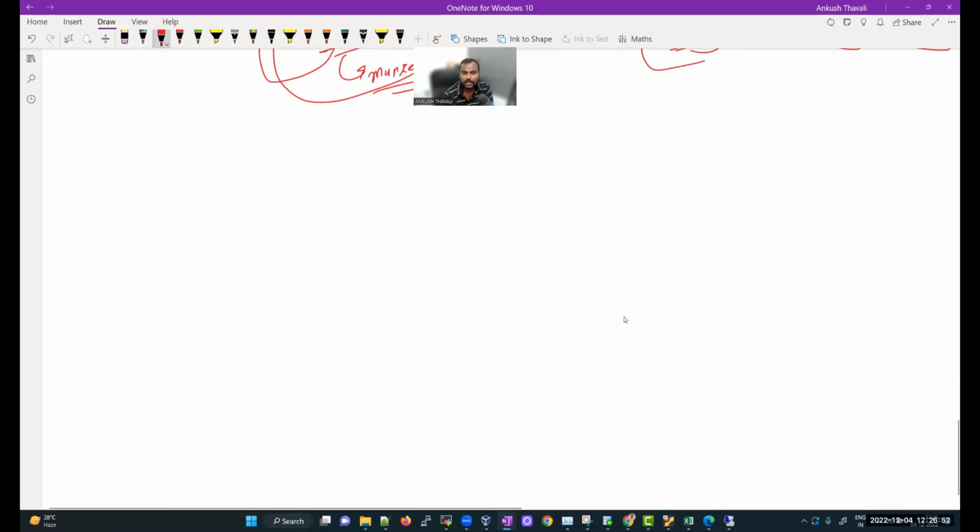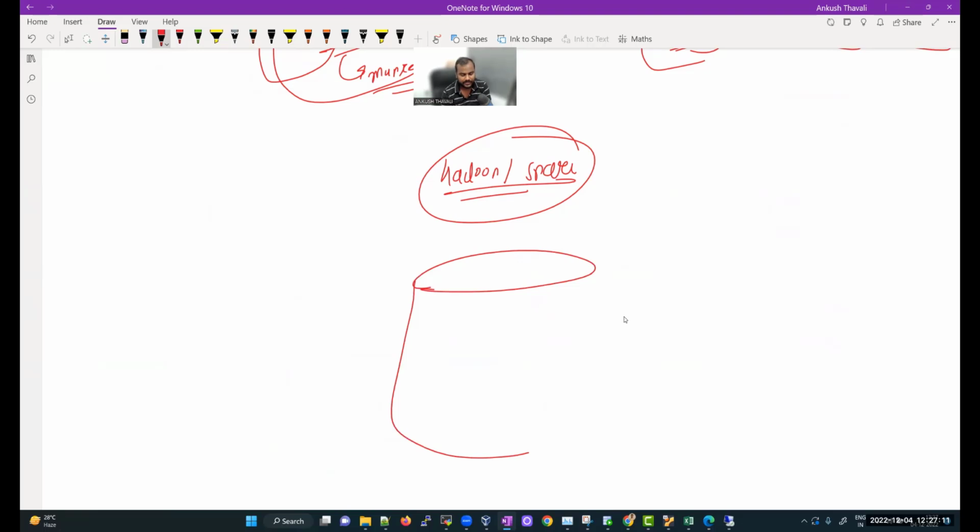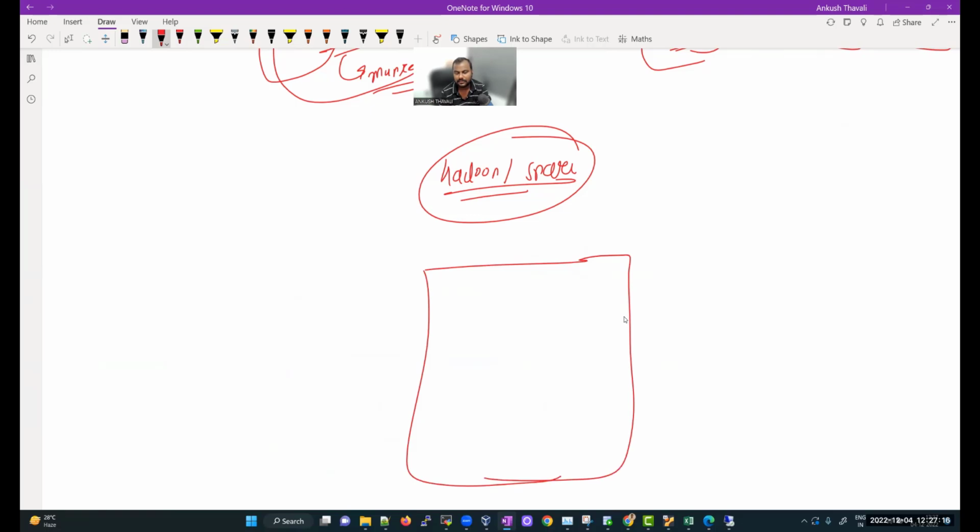When you talk about Hadoop or Spark, the good thing about Hadoop and Spark is it can process data from any type of source. Just like I told you, let's say this is my Hadoop or Spark, my processing engine. As the input, it can take data from your RDBMS database.